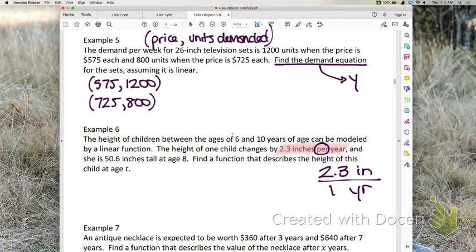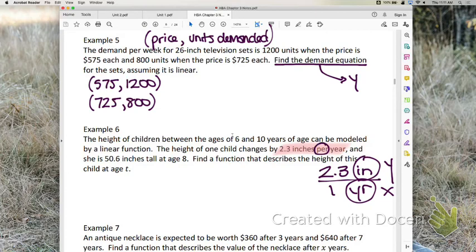Okay? I also want you to start noticing, if you don't know which one is your X and which one is your Y, which one goes on top in slope? What variable is on top in slope? Y, right? It's Y2 minus Y1. They're telling you this is your Y and this is your X. So if they give you the slope, the way they word it tells you that. Okay?